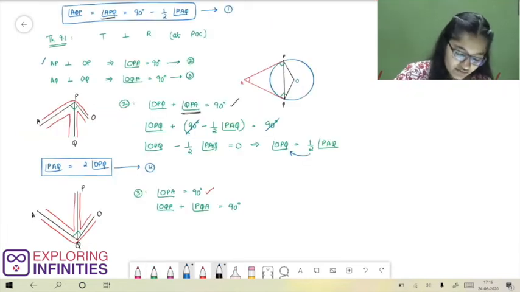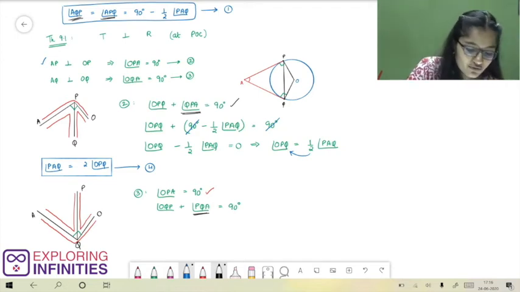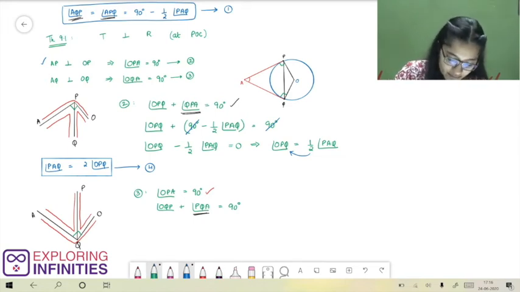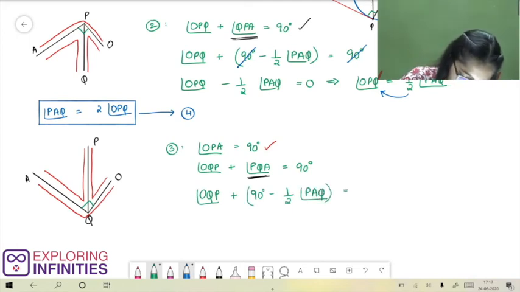Once again, we have common terms here in this equation, that is angle PQA and angle AQP from equation 1. So on substituting equation 1 in our equation here, we will get angle OQP plus 90 degrees minus half of angle PAQ is equal to 90 degrees.